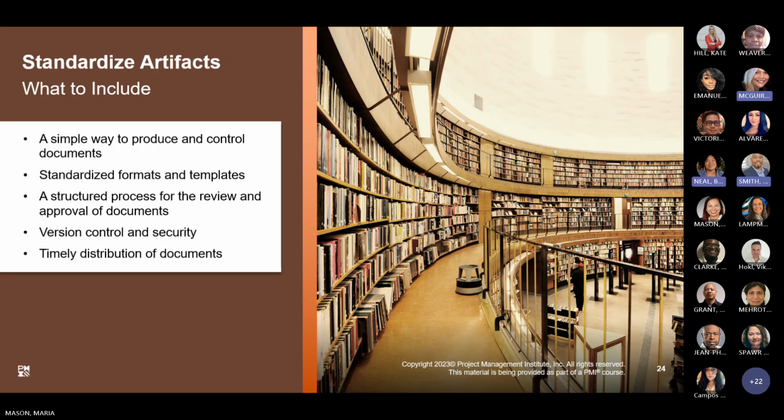Use a structured process for reviewing and approving documents. There needs to be a process for approving the documents that go into the repository. Discuss and implement version control and security. That's critical because documents are often updated by numerous people.